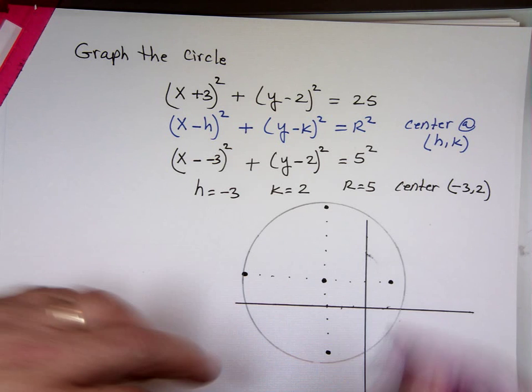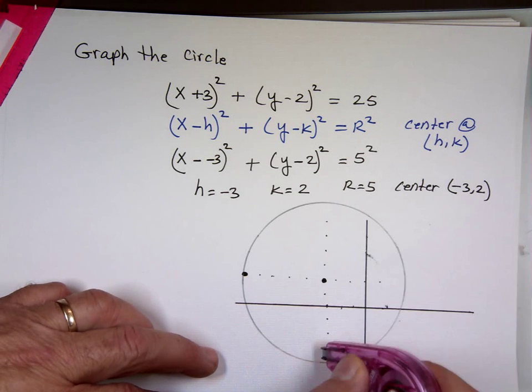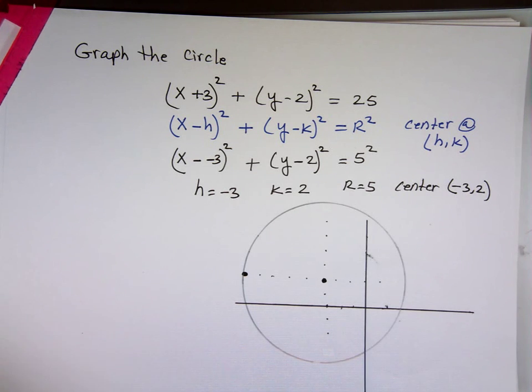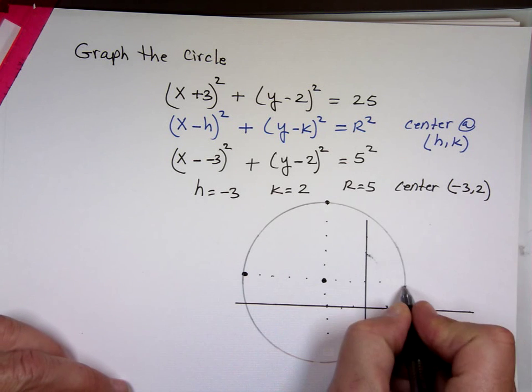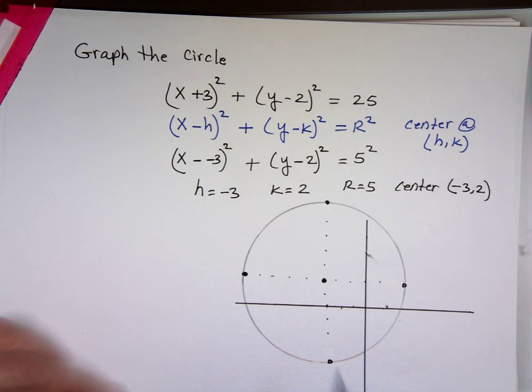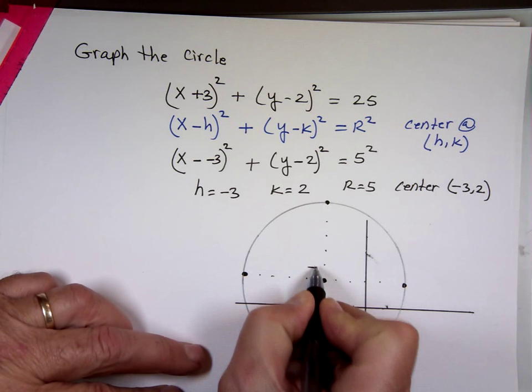You didn't see that. There we go. Beautiful, look at that. If you use graph paper, you will actually get it on the money then. So that's the center again, negative 3 comma 2.